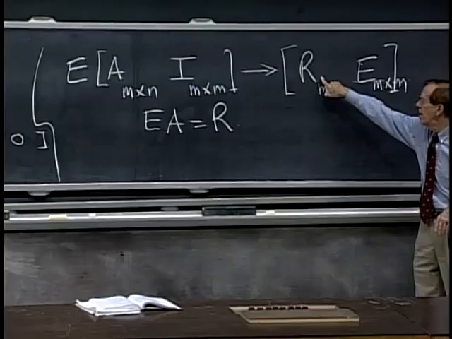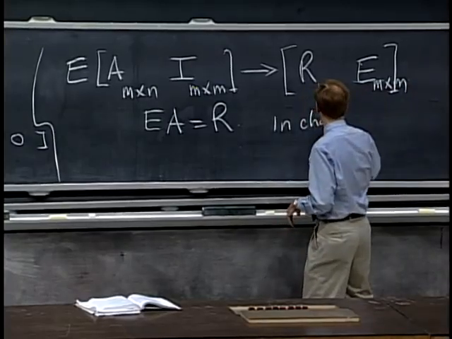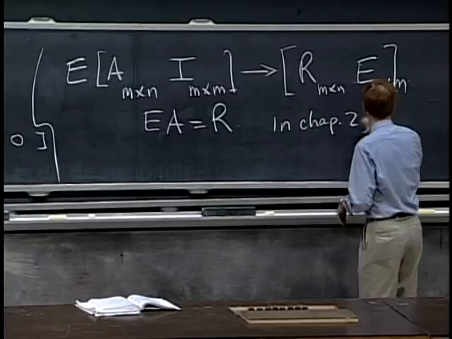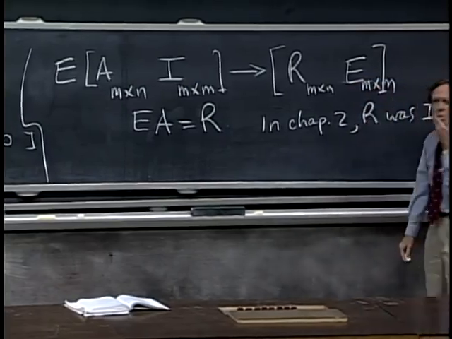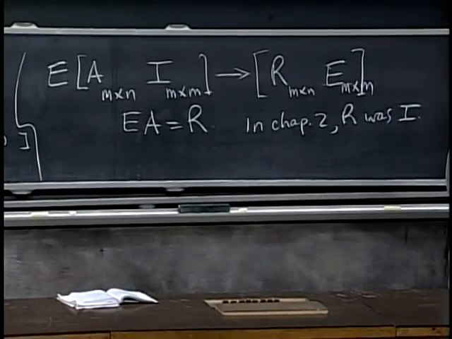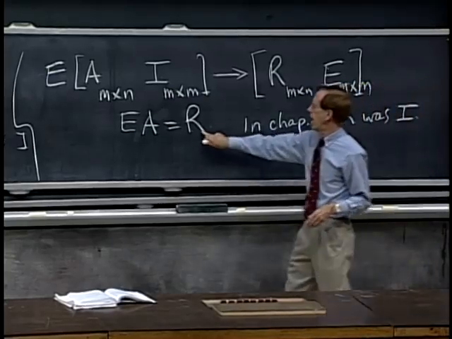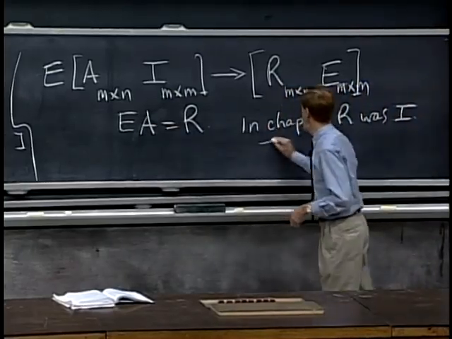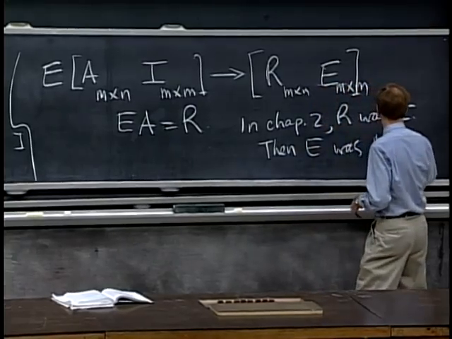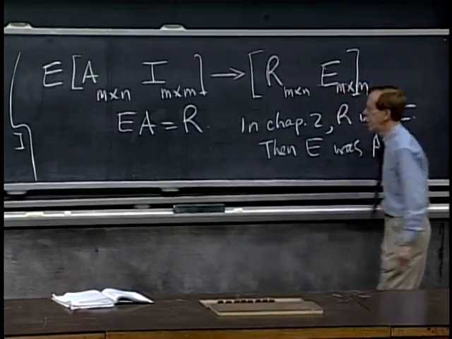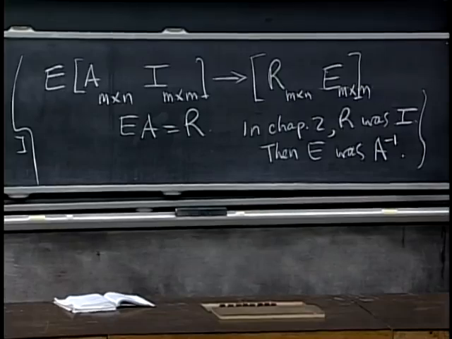It was I. So in chapter 2, R was I. The reduced row echelon form of a nice invertible square matrix is the identity. So if R was I, in that case, then E was A inverse, because EA is I. Good. That was good and easy.